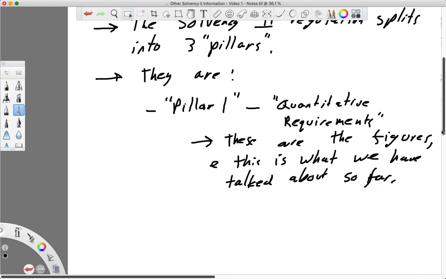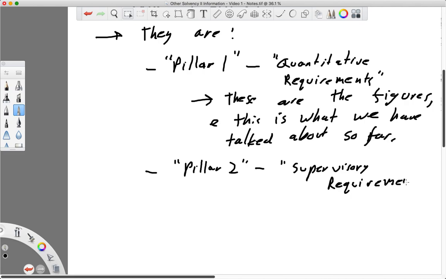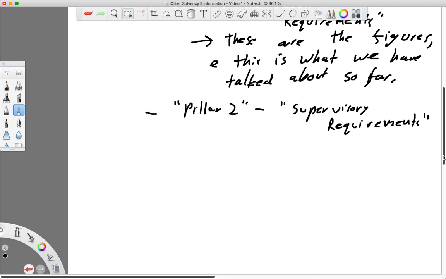What we haven't talked about are the other 2 pillars. So let's just write them down. So Pillar 2, these are supervisory requirements.